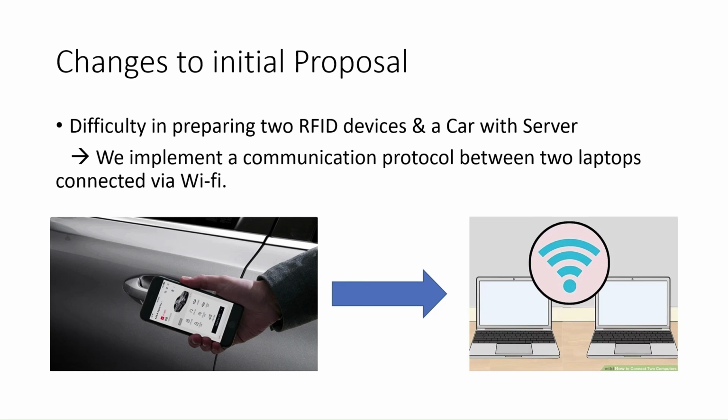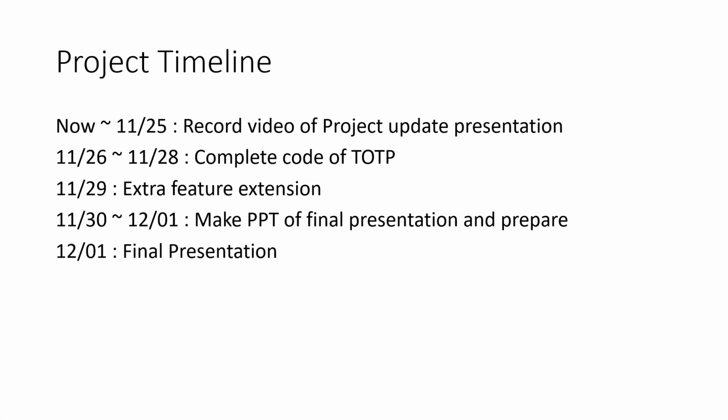So we use two laptops instead of a car and a car key with an embedded system. And we work on the project with Wi-Fi on behalf of RFID communication.